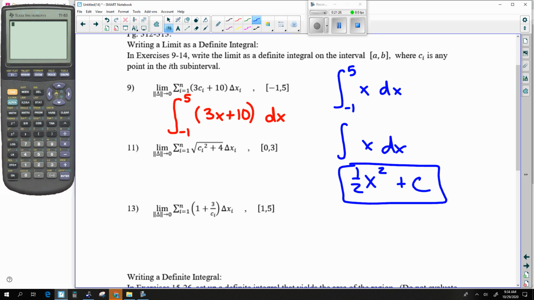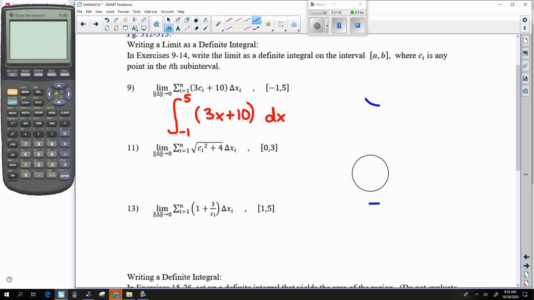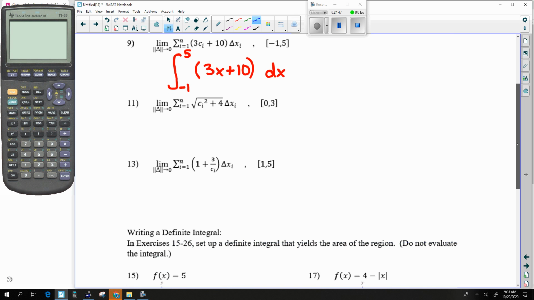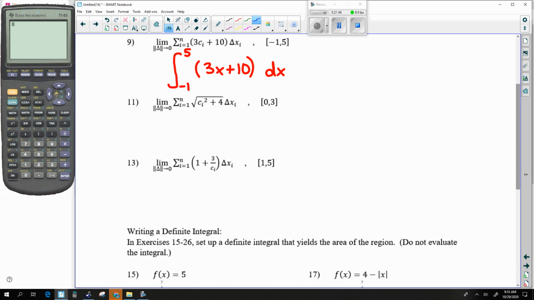It's the same thing as an antiderivative. If you're doing a definite integral, you don't get this plus c. And we'll talk about what you do in both of these situations, but that's the key difference. Definite integrals, you're going to get answers to stuff.